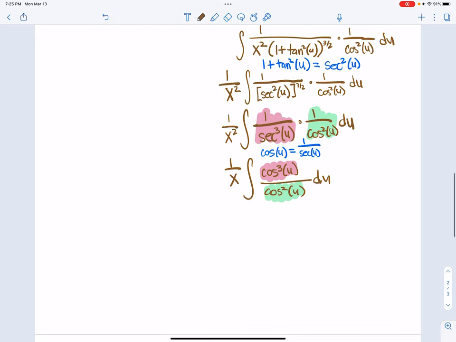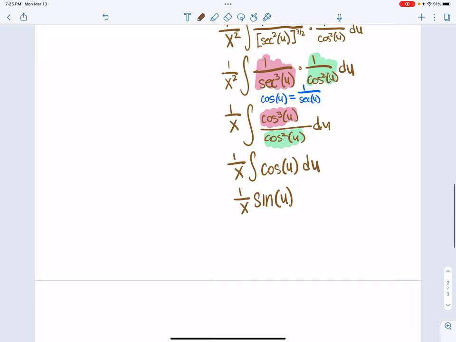Okay, so that simplifies to 1 over x squared times the integral of cosine of u du, right? So that becomes 1 over x squared, and the integral of cosine is just sine, so that becomes sine of u, okay?